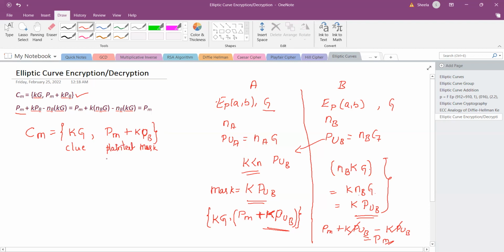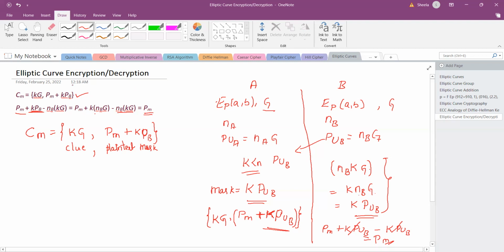When these 2 points are sent, user B will find the clue, and using this clue he will find the mask. Then he will subtract the mask he has generated, and he will get back the plain message. This is how we perform decryption.